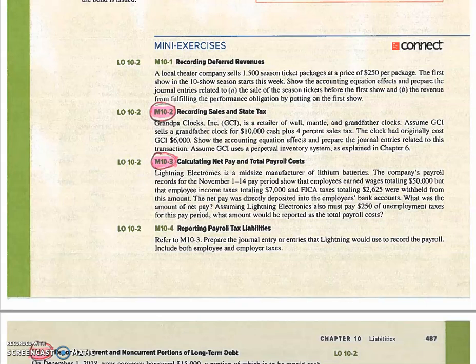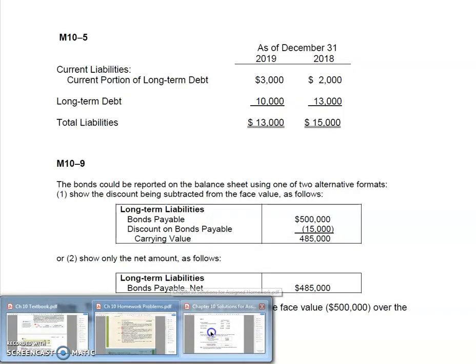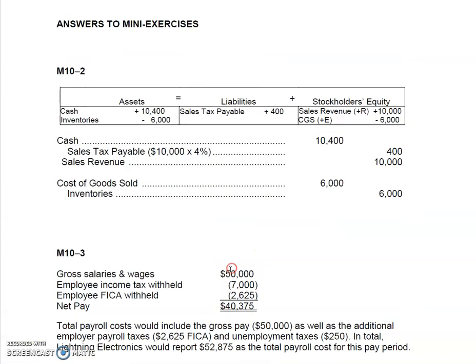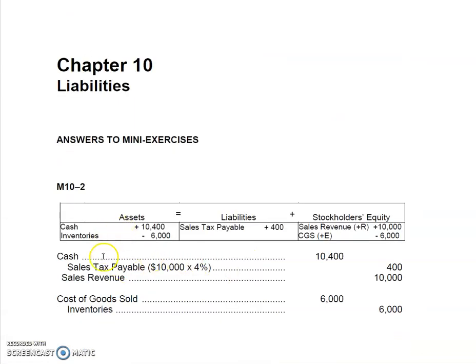So 4% of $10,000 would be $400. And so they would credit sales tax payable for $400 and then debit cash for the $10,400. That records the sales portion of the transaction. Debit cash for $10,400, credit sales tax payable for $400, credit sales revenue for $10,000.